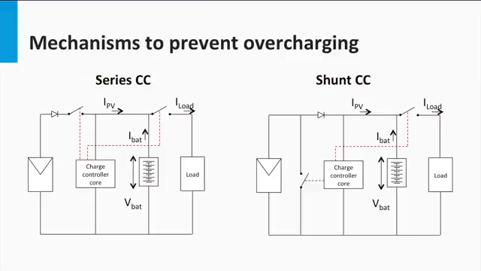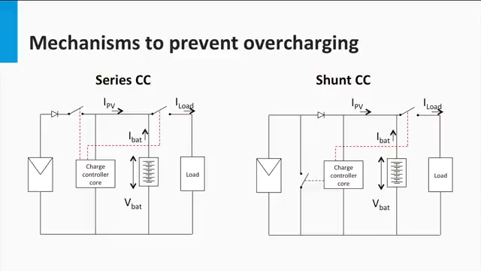I won't go into too much of the hardware details, but most charge controllers usually have either a shunt or a series kind of controller. In a series controller, the overcharging is prevented by cutting out the PV array until a particular voltage drop is detected, at which point the circuit is completed again.